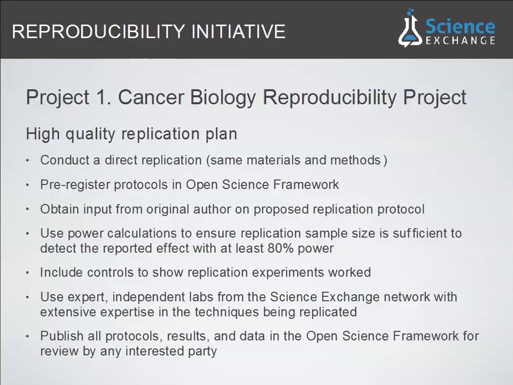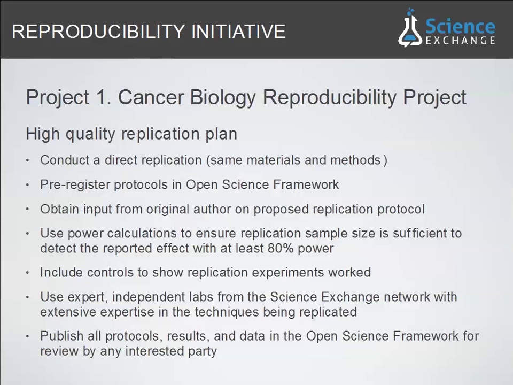We obtain input from the original author on the proposed replication protocol, use power calculations to ensure adequate sample size, include controls to show that the replication experiments worked, use expert independent labs from the Science Exchange network with extensive expertise in the techniques being replicated, and publish all protocols, results, and data in the Open Science Framework as well as in eLife for review by any interested party.